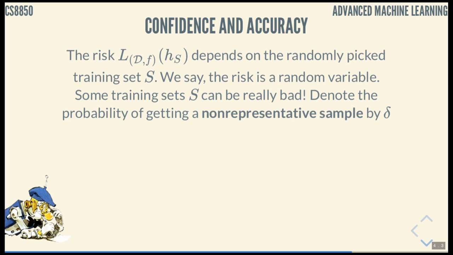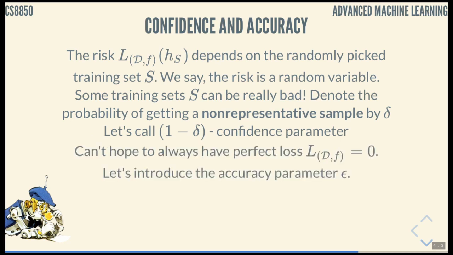Then with probability delta we got that, we will not be able to learn a good classifier, a good hypothesis H. But 1 minus delta is our confidence parameter, right? Because if the probability of getting bad training data is delta, then with 1 minus delta probability, we're confident that we can learn from this training set.